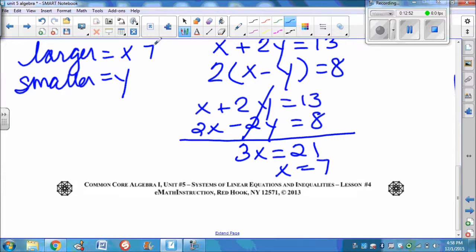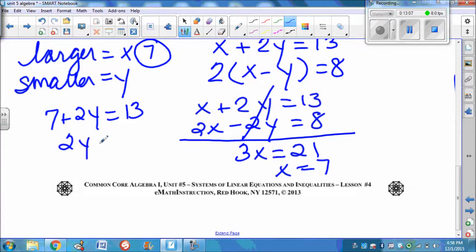So the larger is 7, but now I'm going to plug that into the first equation. So 7 plus 2y equals 13. 2y equals 6, and y is 3. So the smaller is 3.